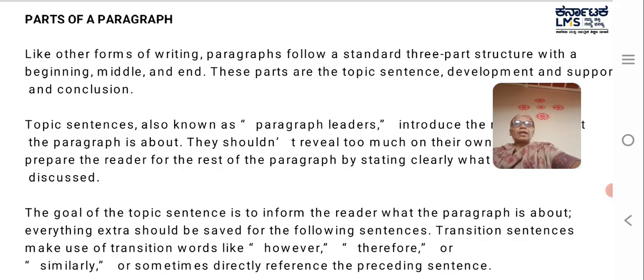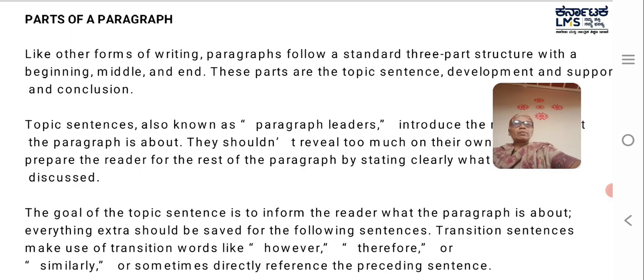They prepare the reader for the rest of the paragraph by stating clearly what topic will be discussed. They will draw the attention of the reader to read the whole passage or paragraph. The goal of the topic sentence is to inform the reader what the paragraph is about. The other extra details will be said later in the following sentences.